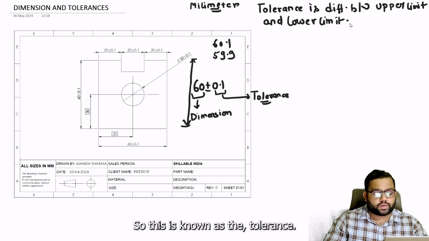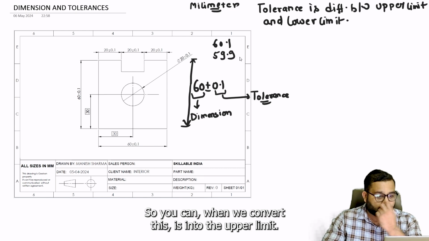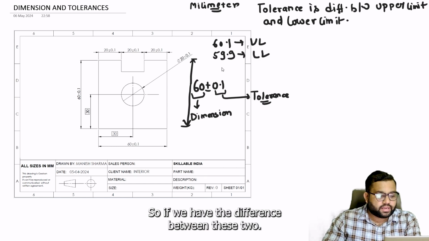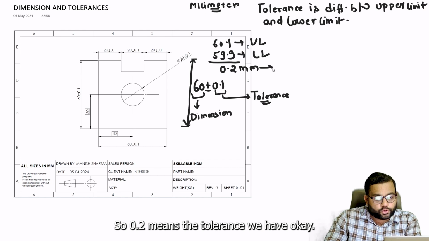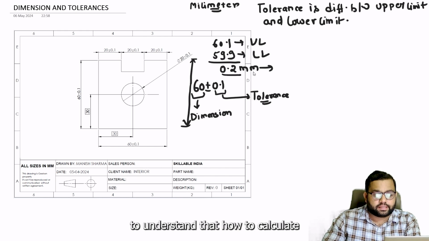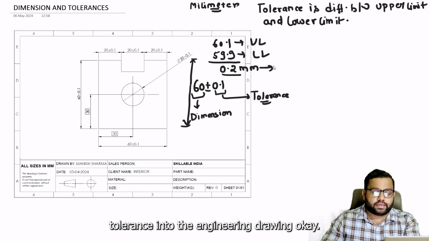Converting this, 60.1 is the upper limit and 59.9 is the lower limit. The difference between these two is 0.2 mm, so 0.2 mm is the tolerance we have. This is very important to understand, how to calculate a tolerance in an engineering drawing.